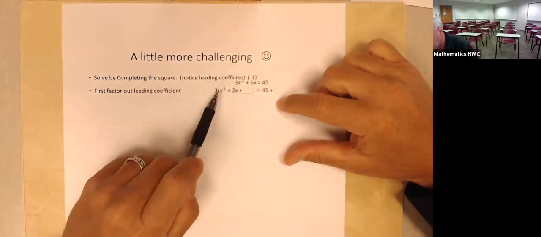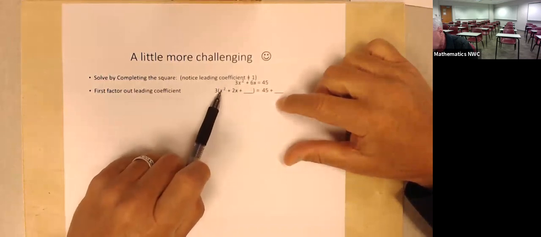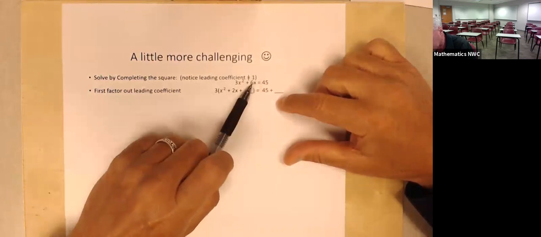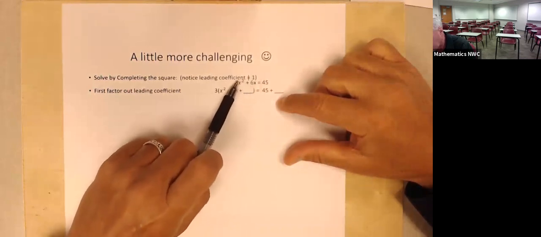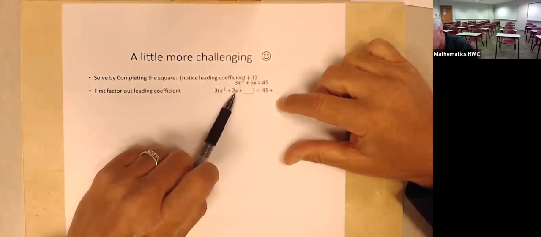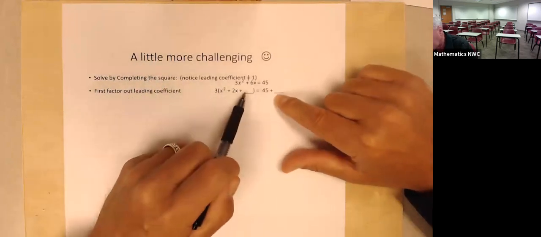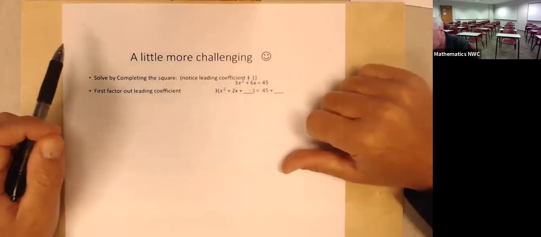But because I took the 3 out of the x squared term, I also need to take the 3 out of the 6x term. If I factor a 3 out, I'm left with a 2x. Notice 3 times 2x would give me the 6x. Then I left a blank to add.